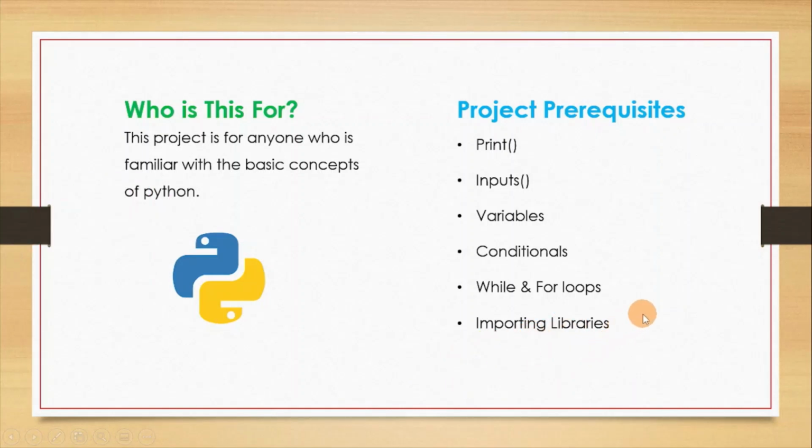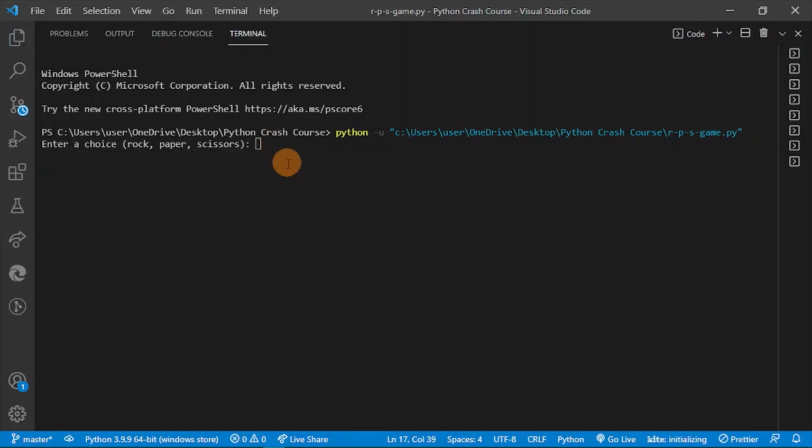Okay, guys, so I'm going to show you a quick demo inside of VS Code. That is the finished project, the rock paper scissors game. Okay, so see you there. So this is our game, and it says enter a choice: rock, paper, scissors. I'm going to enter rock, and it says you choose rock, computer chose rock. Both players select rock, it's a tie.